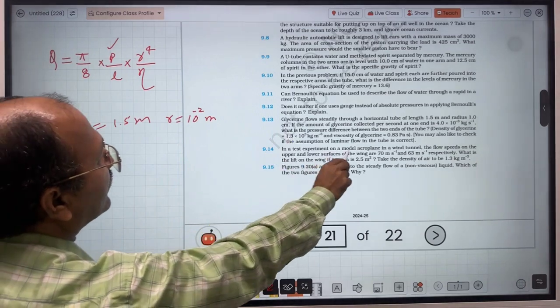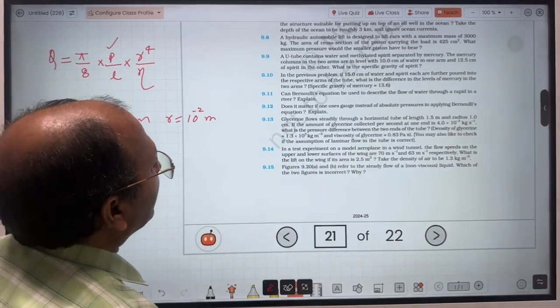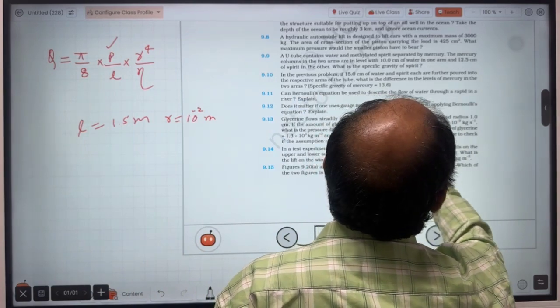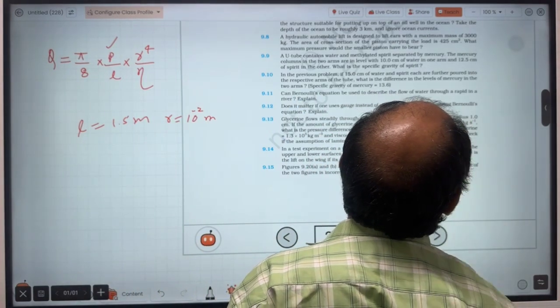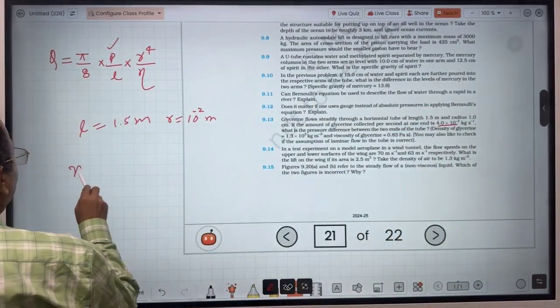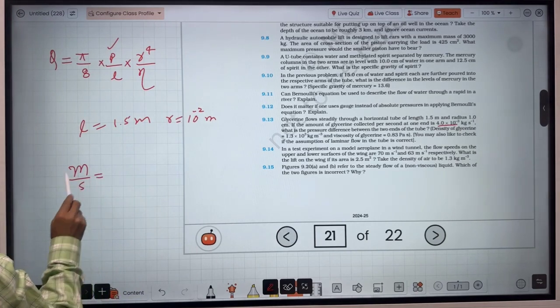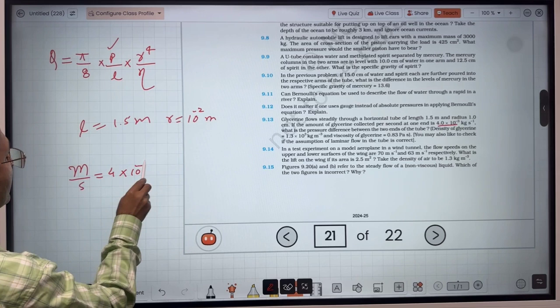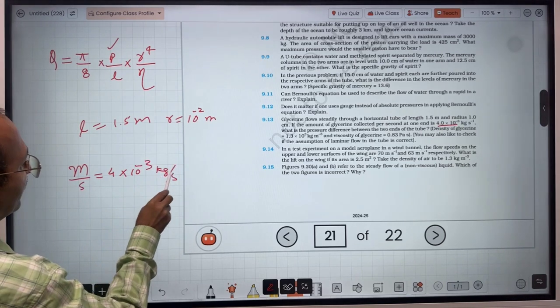That is okay. And then what more is given? Here the amount of glycerin collected per second is given. Mass per second is 4 into 10 power minus 3 kg per second, right?